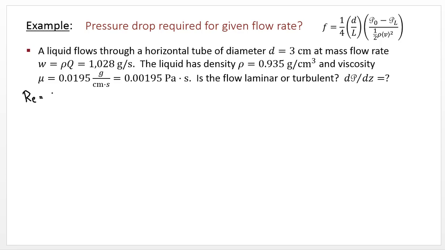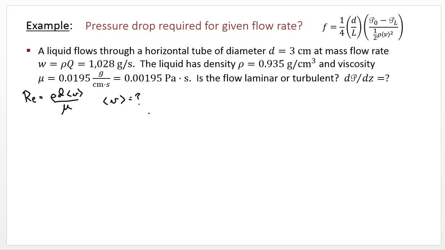So the Reynolds number is defined as rho d multiplied by the average velocity divided by viscosity, but we don't know what the average velocity is for this system.